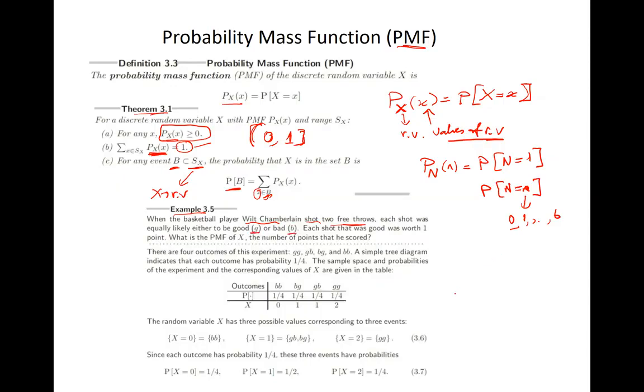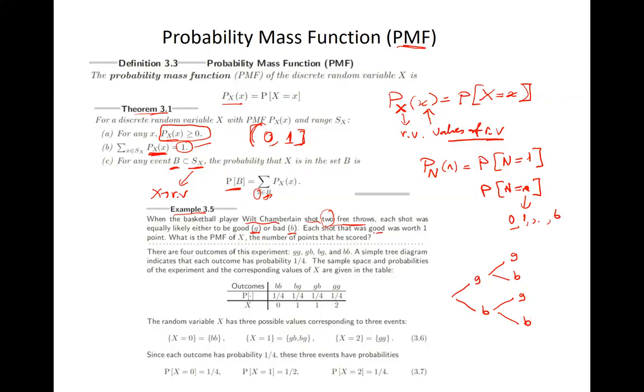So let's say the first shot, good or bad. And since there are 2 shots, the next will be good or bad. So if the first one is bad, the next one will be good or bad. Okay, so this is a simple tree diagram showing this experiment.